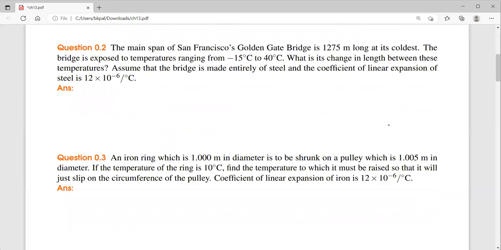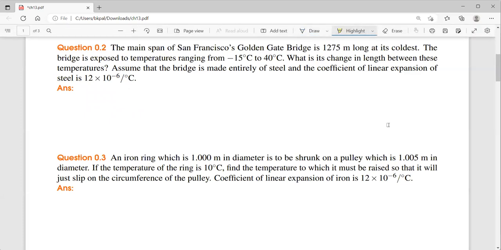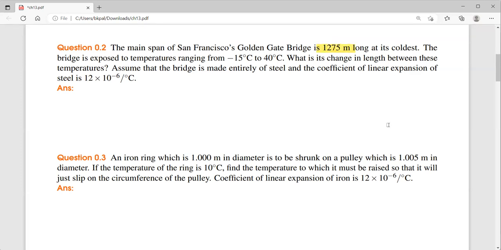All right, now the next one. This is about linear expansion. We are given the length of the San Francisco Golden Gate Bridge and the temperature change.